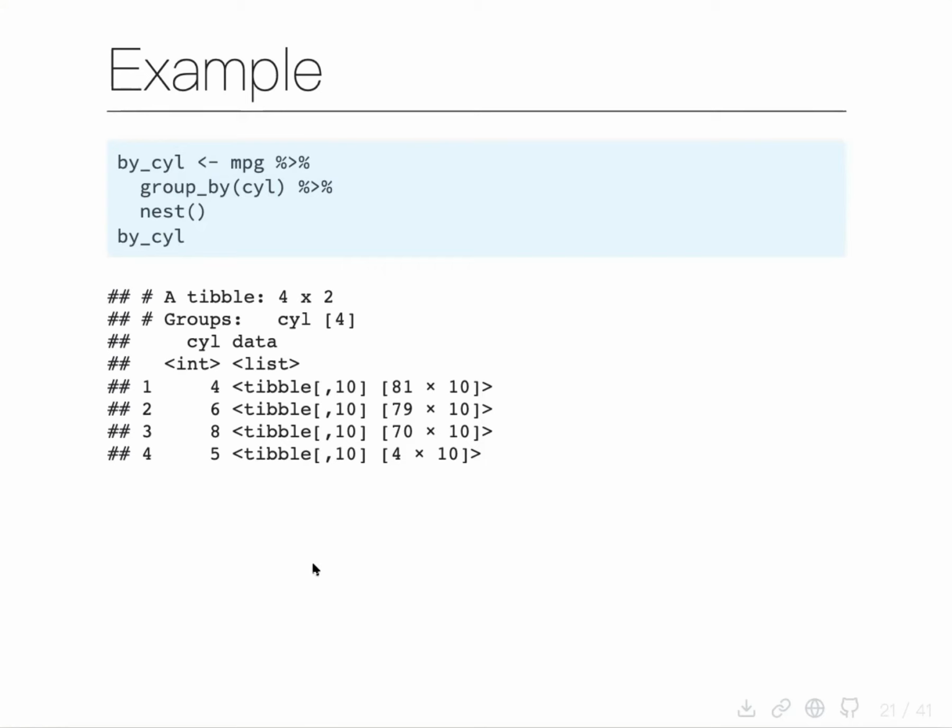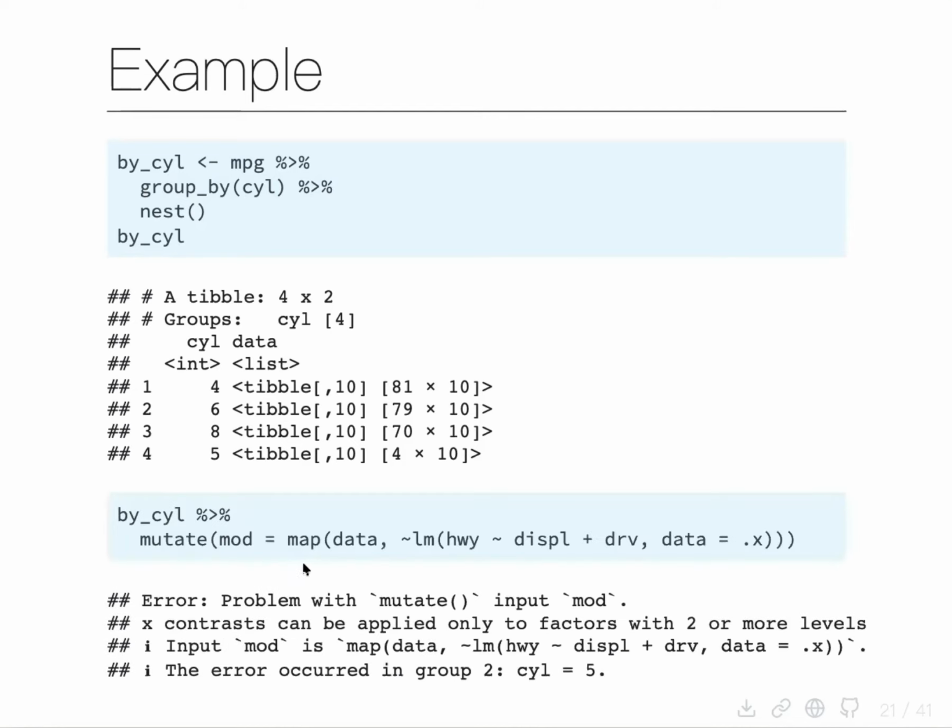So let's say I wanted to fit a model for each data. I could say by_cyl mutate mod is equal to map data. I'm going to loop through the data, and I'm going to apply this model, where highway miles per gallon is predicted by engine displacement and drive, and I say data equals .x.